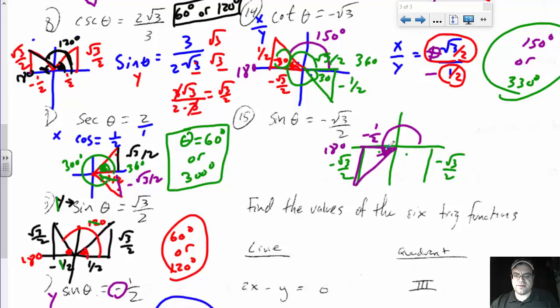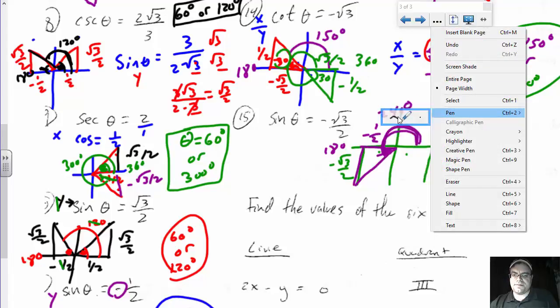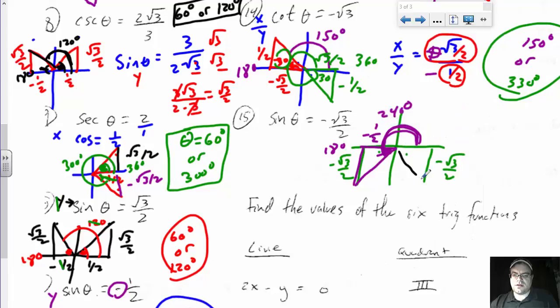So if I add that 60 to this 180, it'll give me this whole thing here, which is going to be 240 degrees. The other angle that I seek is the one that's created with this triangle, which looks like this. This angle here is also 60 degrees.